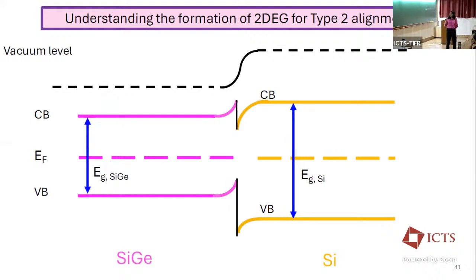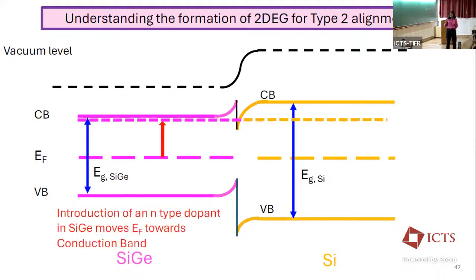And if I'm able to move the Fermi level by appropriate doping, such as N-type doping in silicon germanium, then the Fermi level should move in such a way that you can actually have a 2D electron gas. So this is how type 2 band alignment can give rise to a 2D electron gas if you have an N-type dopant.